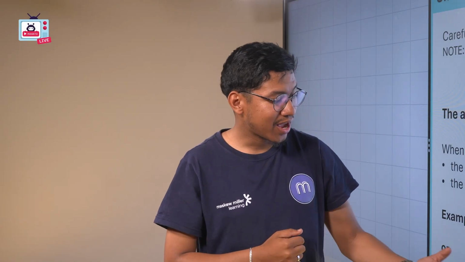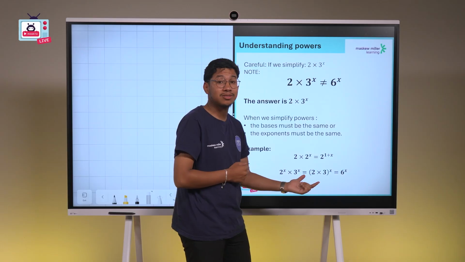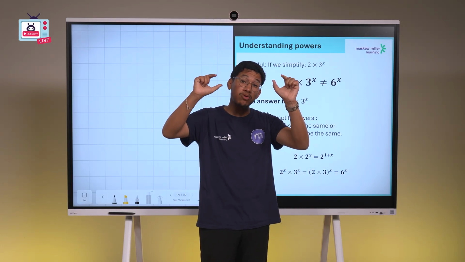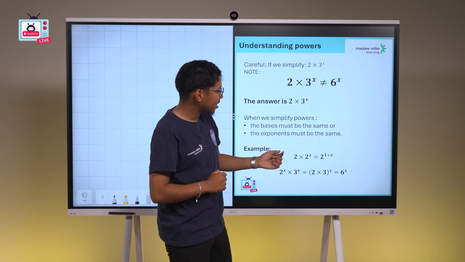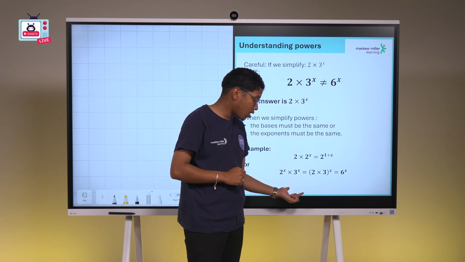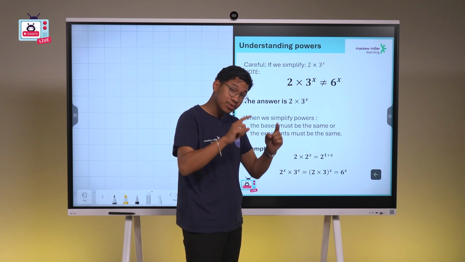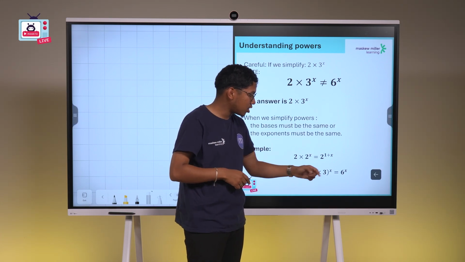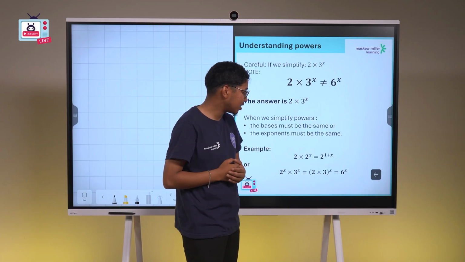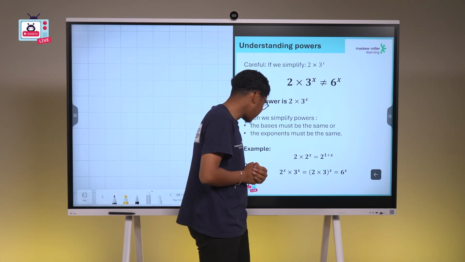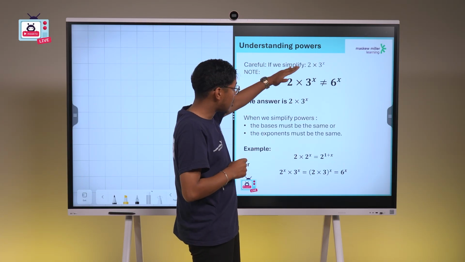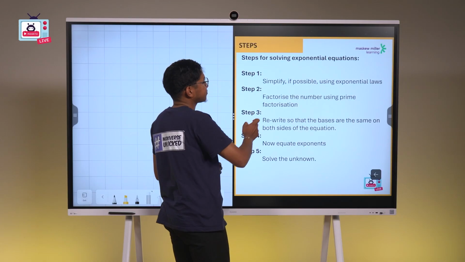And then if I have two different bases, but I have a common exponent, that can be written as multiplication of the bases, raised to the common power, which is x, which in this case gives me 6 to the power of x. Be very mindful of this rule here.